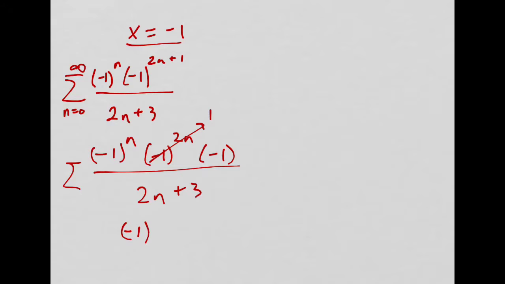Negative 1 to the n plus 1 there. So I'll just simplify it a little bit. 2n plus 3. Perhaps this is an alternating series, n equals 0 to infinity. That's my first check that I want to do. Is this an alternating series?